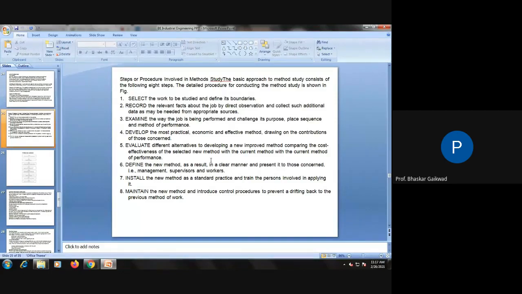In the forging example, what is the existing sequence? First of all, we have to cut the materials as per the requirements. After that, we go for heating the material in the furnace above the recrystallization temperature. After that, we put this material on the forging die, which is on the press machine.